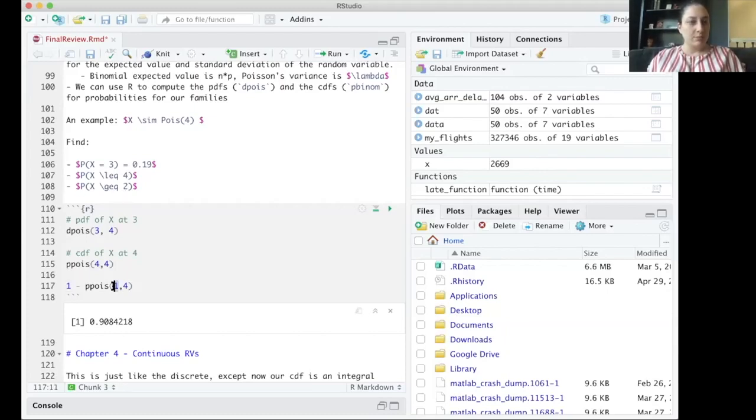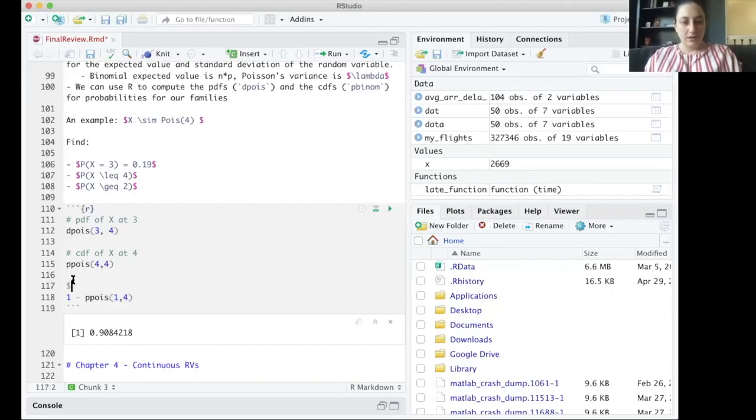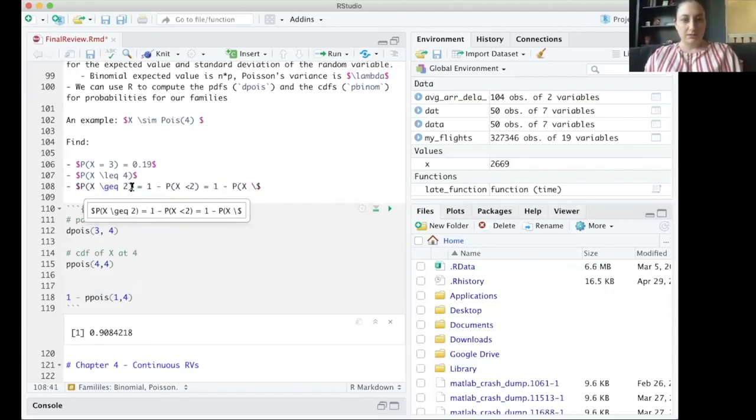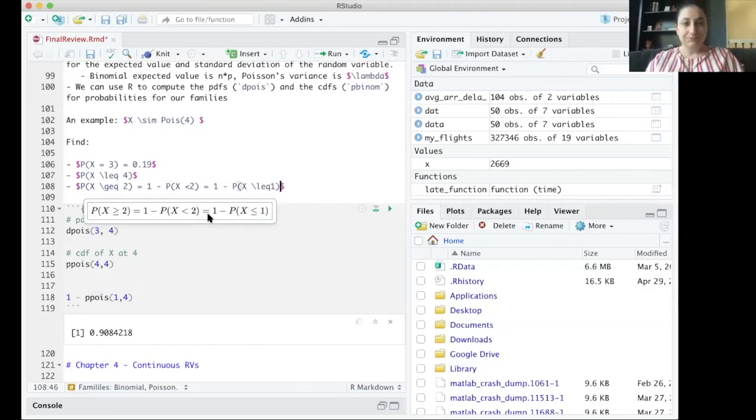So 1 and below. This is equal to 1 minus the probability X is less than or equal to 1, because in this Poisson discrete case, it can only take on values 0, 1, 2, 3, and so on. So these two statements are equivalent, which is why I'm computing it this way.